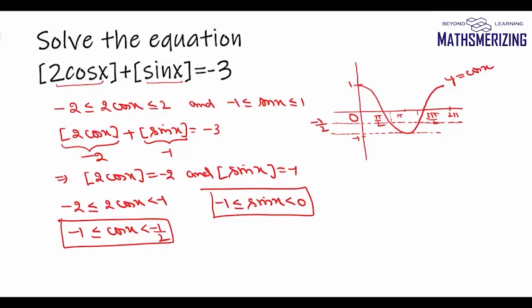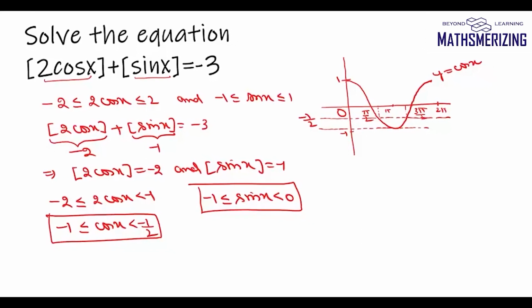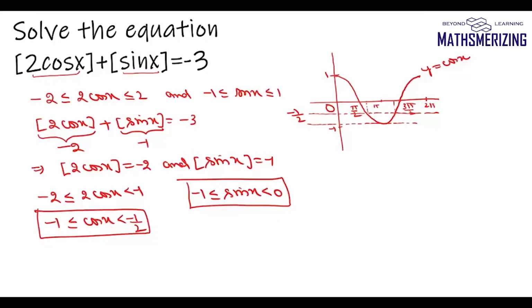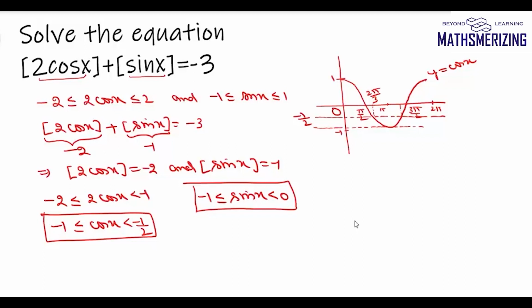So these points, now cos x is 1 by 2 at pi by 3, and this is pi plus pi by 3, so there'll be 4 pi by 3. So the value of cos x will lie between -1 and -1 by 2 when the value of x lies between 2 pi by 3 and 4 pi by 3.